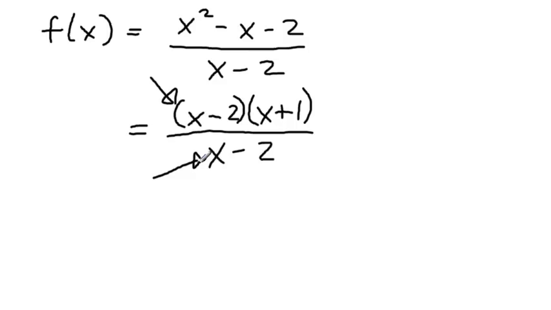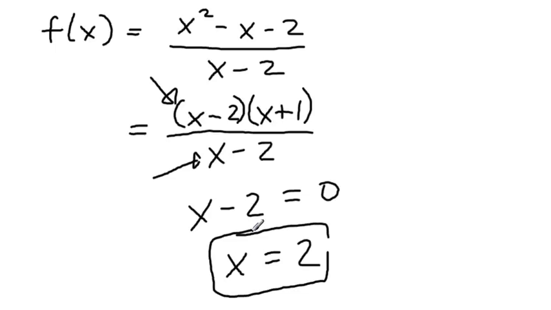X plus 1, on the other hand, is just in the numerator, not in the denominator, so we're not going to worry about that. Step number three, we're going to solve for x. So we have x minus 2. To solve for x, we need to set it equal to 0. Add 2 to both sides to get x equals 2.